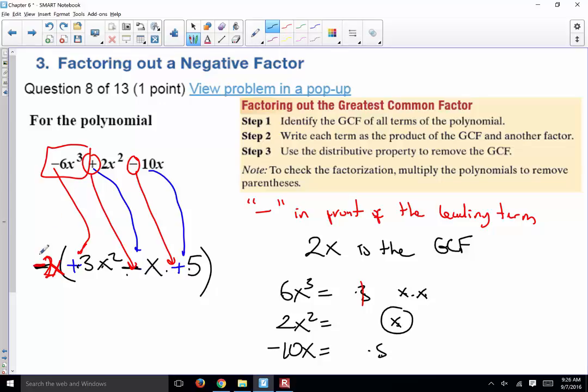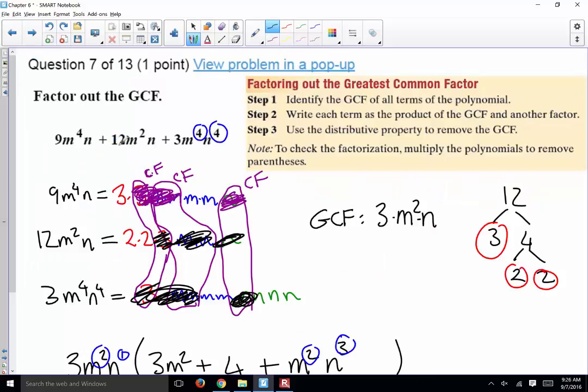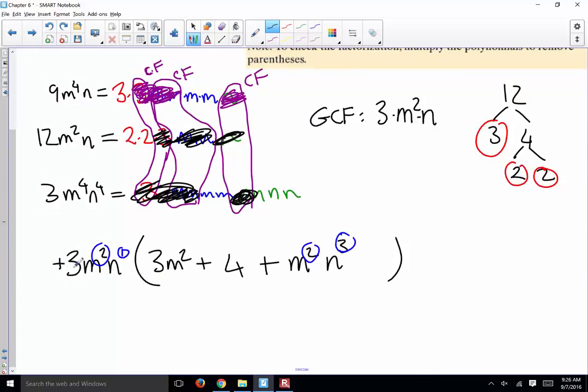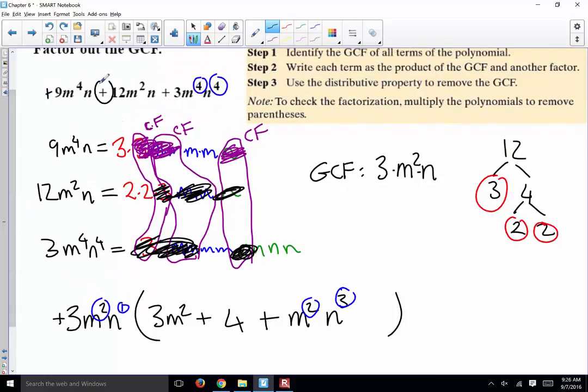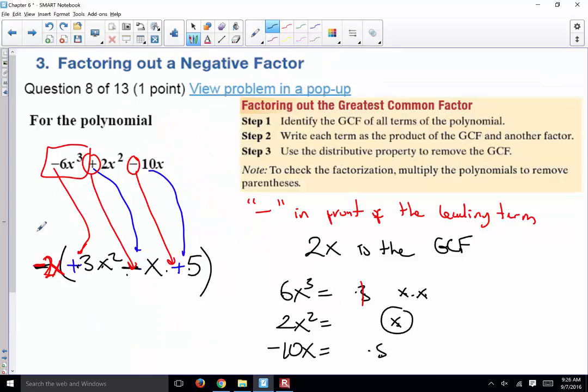When do I flip the sign? If you're removing a minus out. Why didn't we flip anything here? Because we didn't remove any minus. It was positive 3m squared. So we kept these signs as they are, 3 pluses. Okay? Sign only changes if you're moving a minus out.